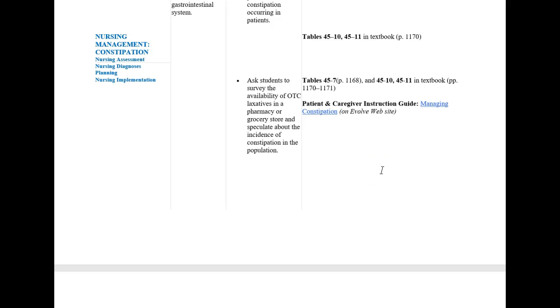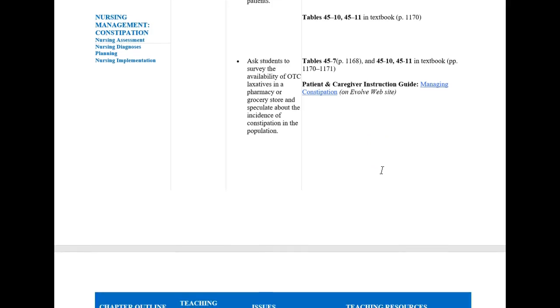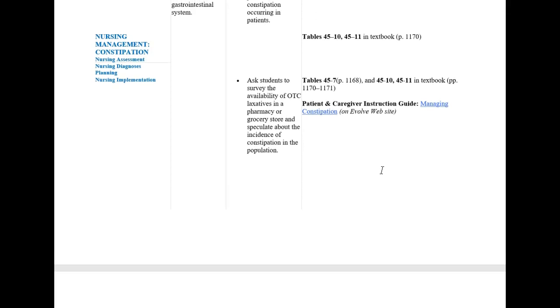Keep in mind that if some of our seniors take over-the-counter laxatives that are stimulants, it does cause a lazy bowel. Then you don't use things like Metamucil, which draws fluid into the bowel and increases the fiber.